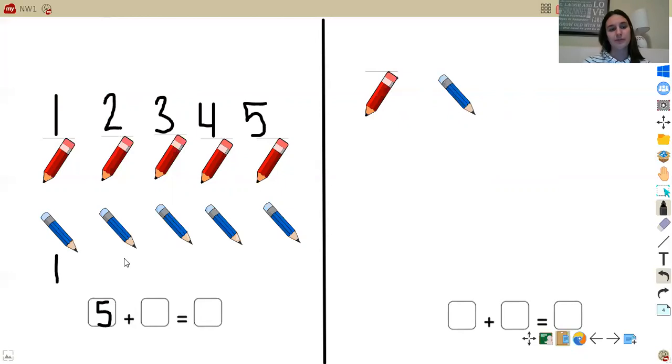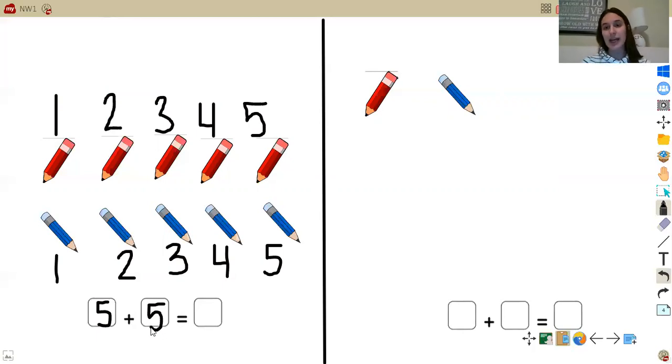So 1, 2, 3, 4, 5. So I see that I have 5 blue pencils as well. Let's go ahead and count all of them to make sure that we have 10 pencils altogether. 1, 2, 3, 4, 5, 6, 7, 8, 9, 10.